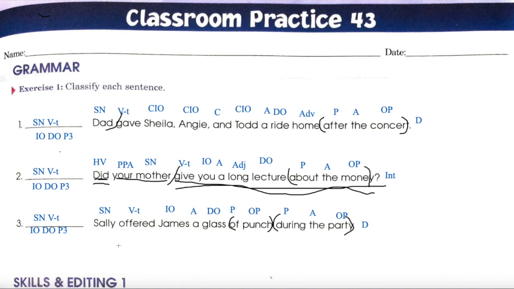Divide your subject from your predicate. Sally is the subject. Again, that's looking weird when I do that. All right, Sally is the subject, and the rest of it is predicate. We know that because here's the verb, and then everything that comes after the verb, including the verb, is the predicate. All right, and we are done with that one.